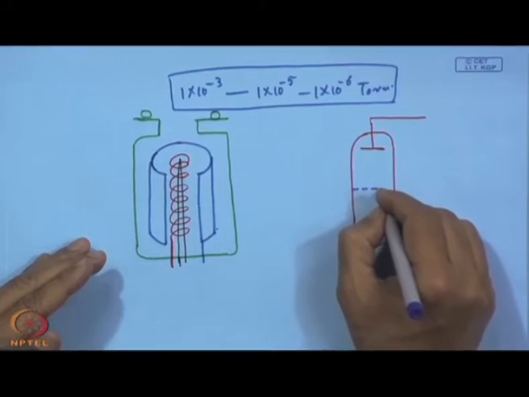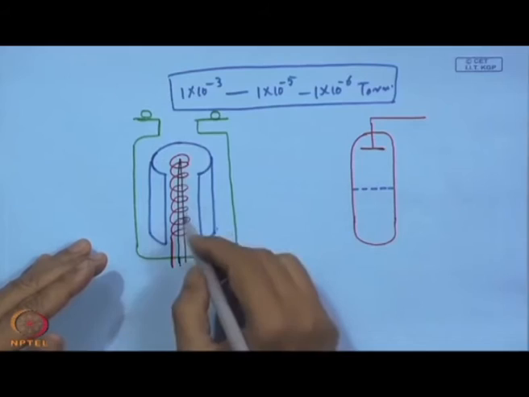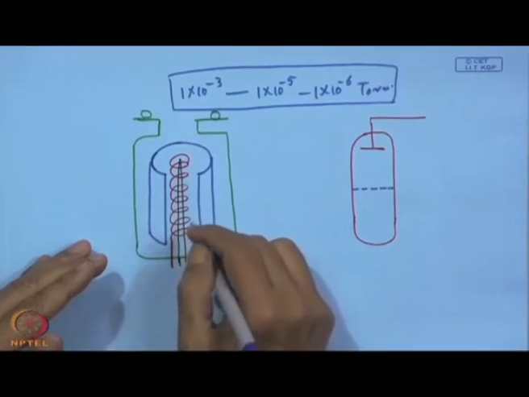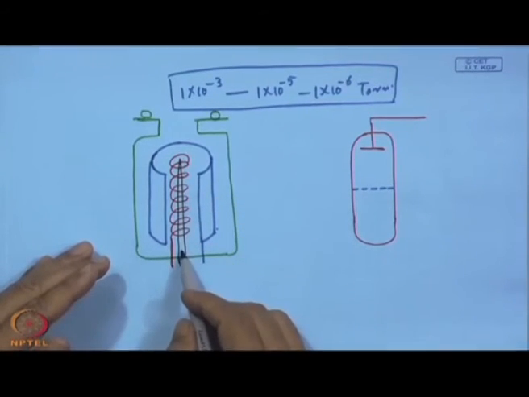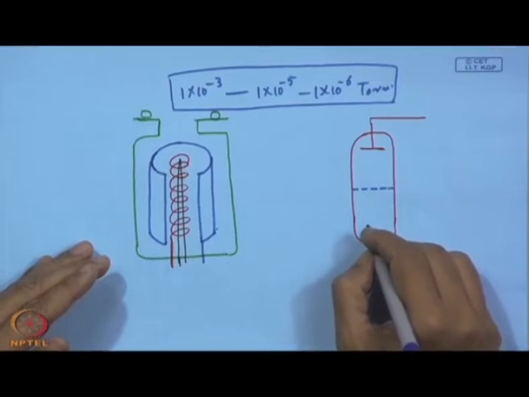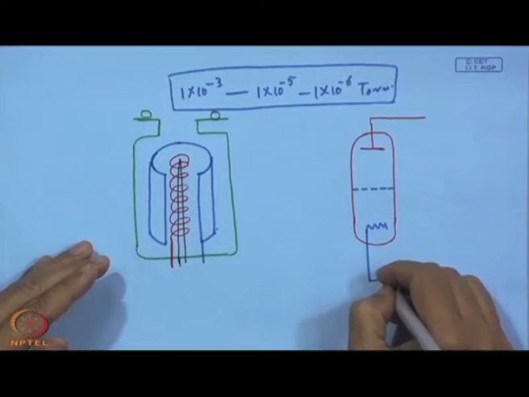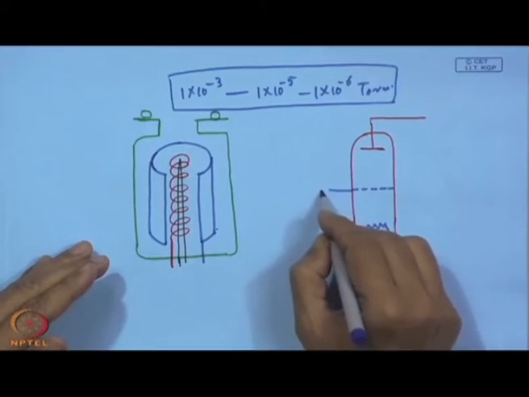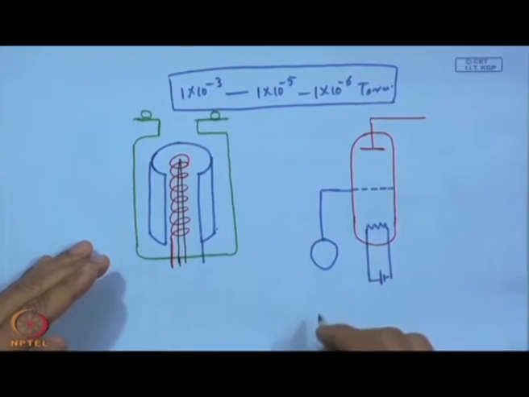This helix spiral is the electron collector, and this is the ion collector, and this black one is actually the electron emitter. And here we have the emitter.